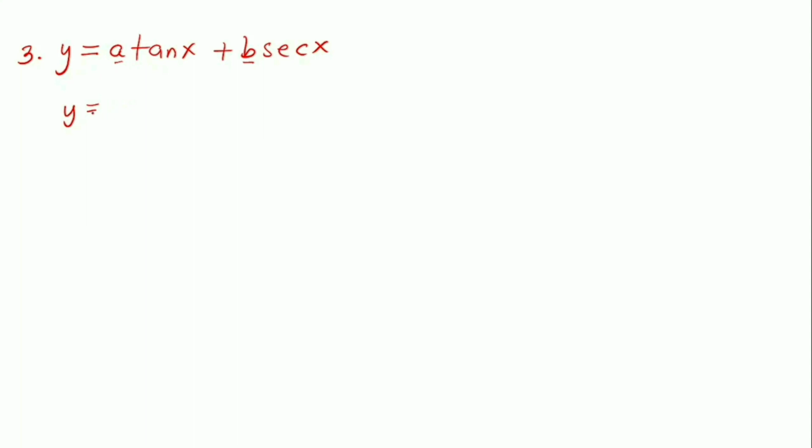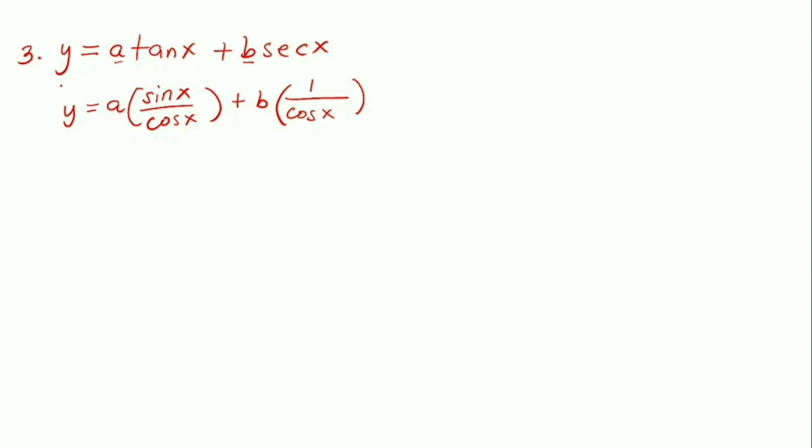Okay? So, y is equals to a tangent x is equal siya sa sine x over cosine of x. Okay? Plus b, ang secant of x, equal siya sa cosine of x. The reciprocal. Okay?